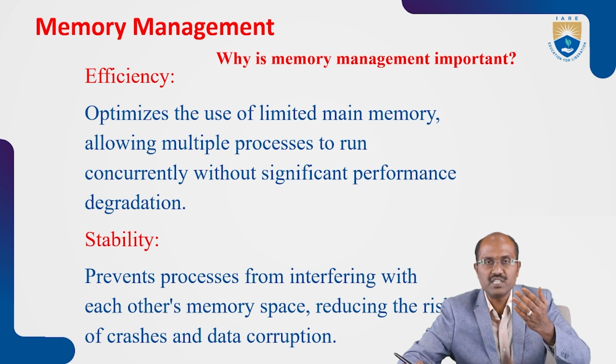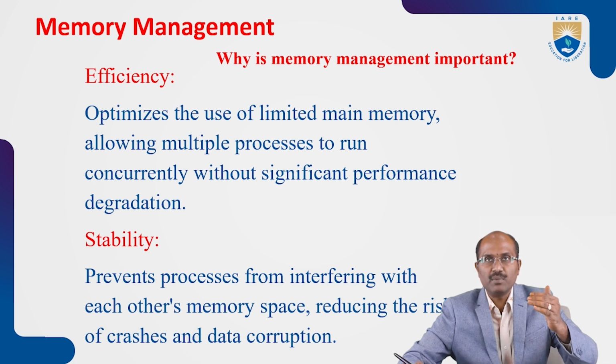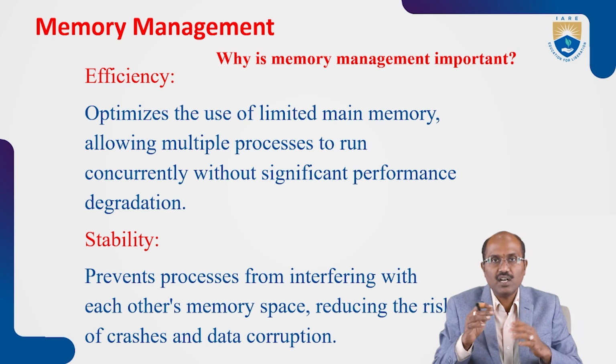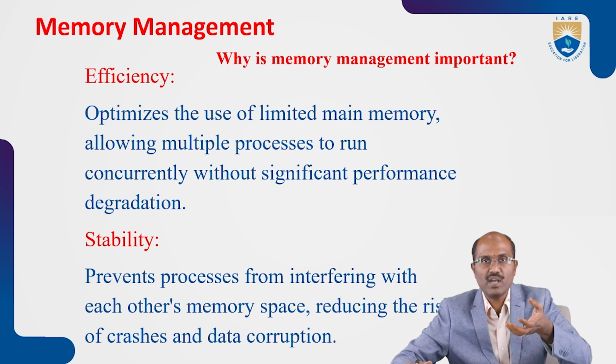Depending upon that efficiency, we provide stability. Stability means preventing processes from interfering with each other's memory space and reducing the risk of crashes and data corruption. That all depends on the stability of the devices.